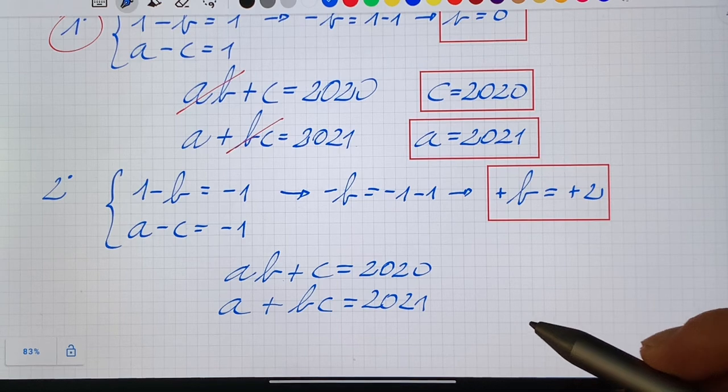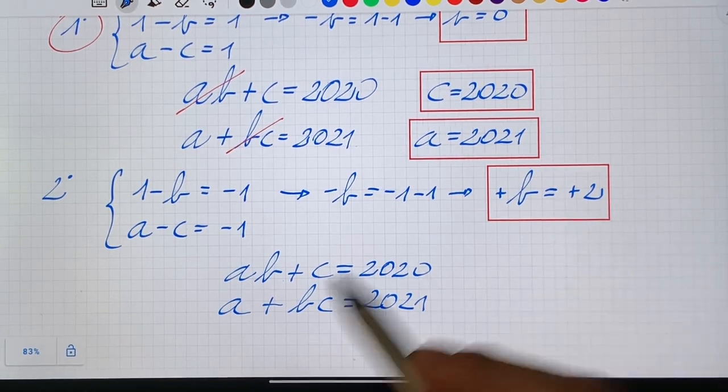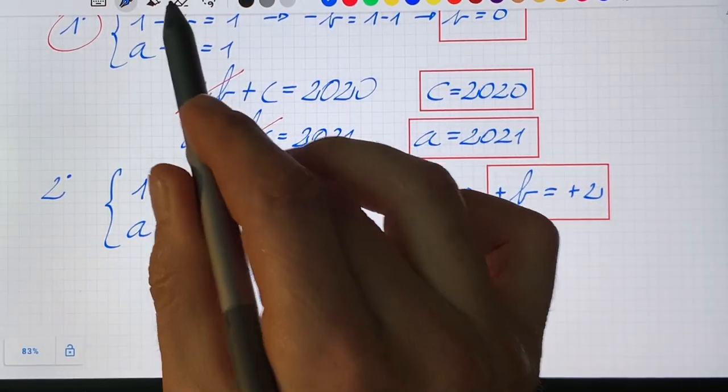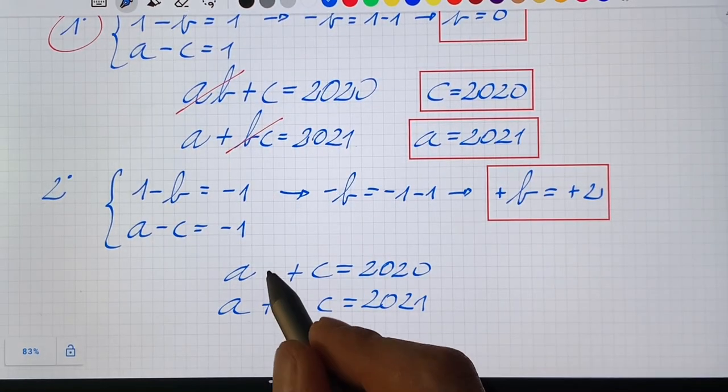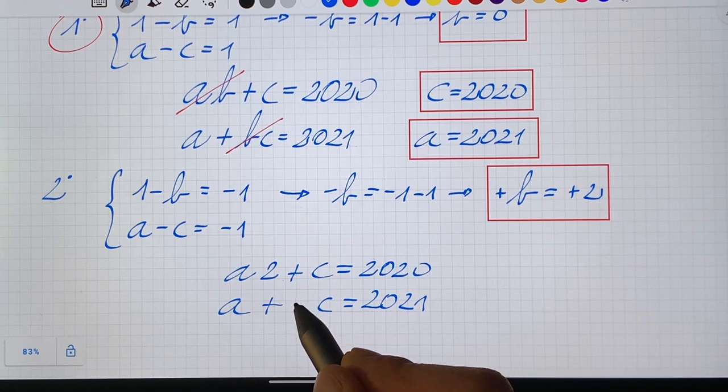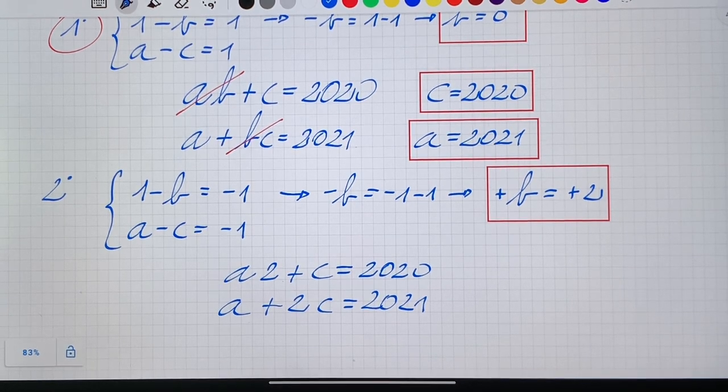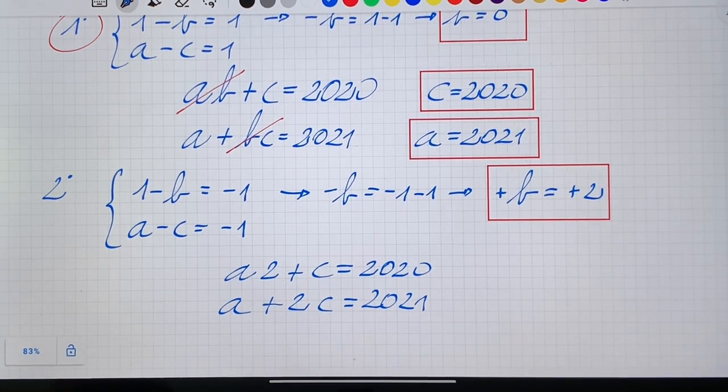In our case, b is 2. So instead of b, we will write 2. Now, the best way to solve it is using the elimination method.